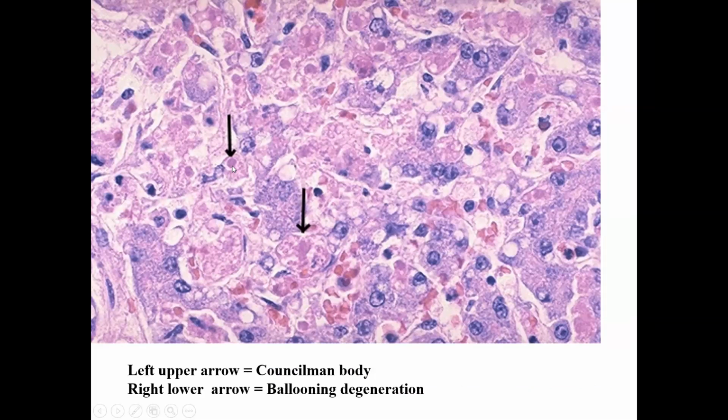The Councilman body is an apoptotic liver cell, okay? Now, in addition to this, you will see that some of those liver cells become ballooned as a result of the viral replication that is happening within them, what we call ballooning degeneration.